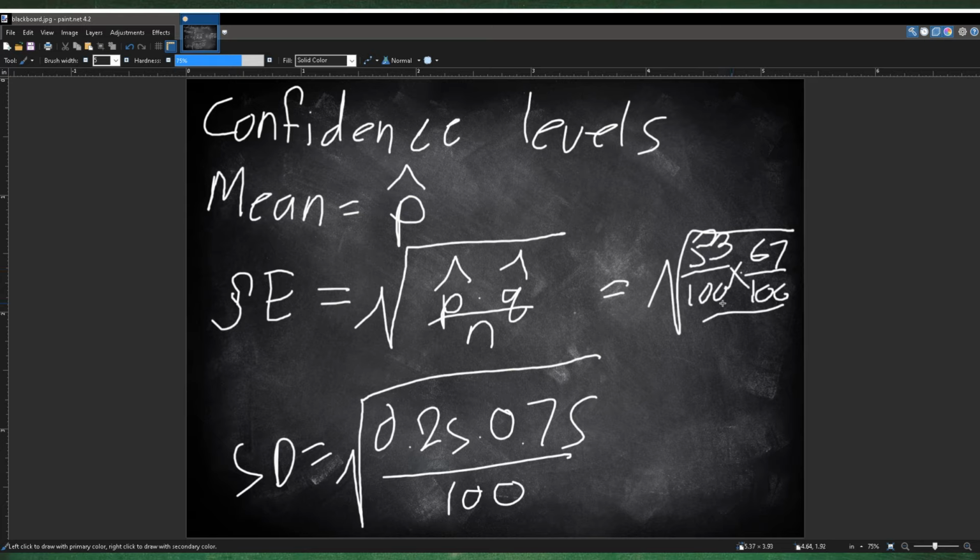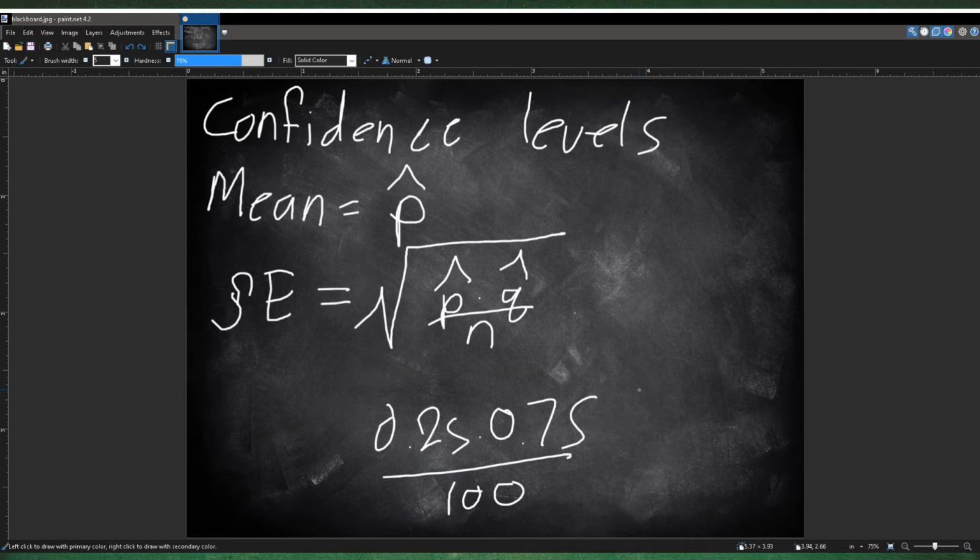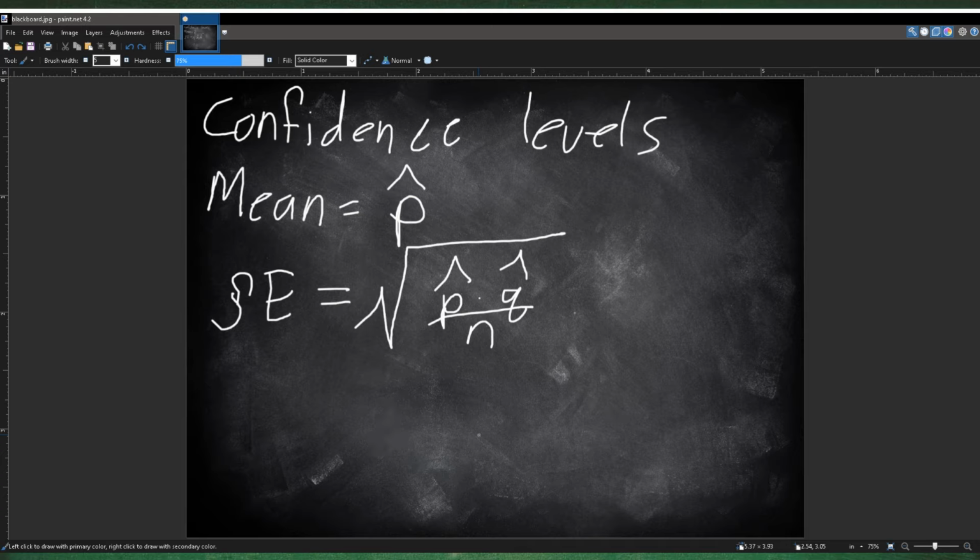You multiply 33 over 100 times 67 over 100, divided by the sample size, which is 100. Because these are always proportions, you're not going to write 33 times 67 over 100, which is not right. You have to write this, and that becomes your standard error. So instead, we have 0.33 times 0.67 divided by 100. They're different numbers, and that's what you have for standard error.